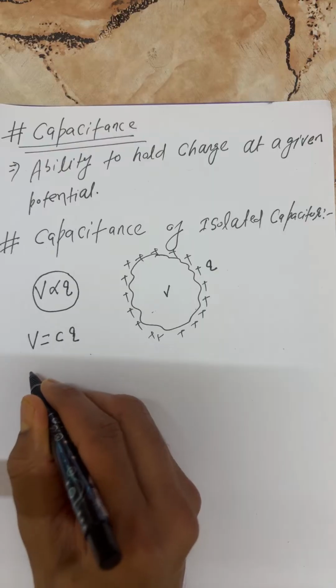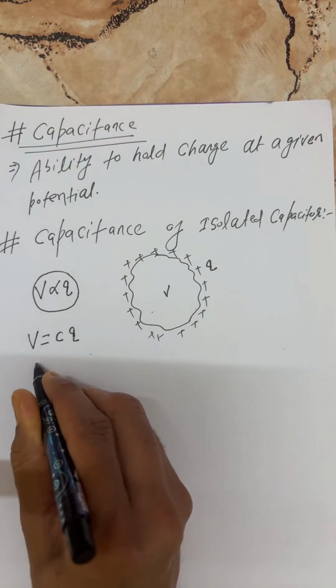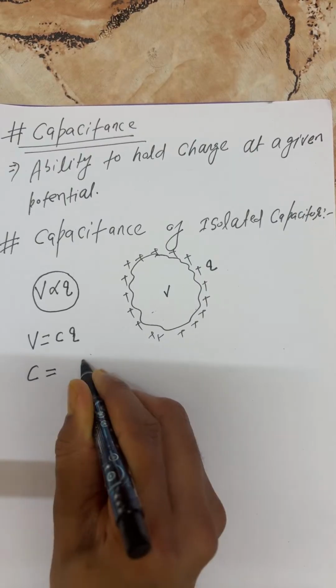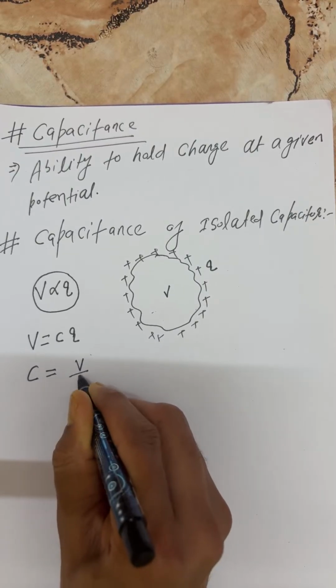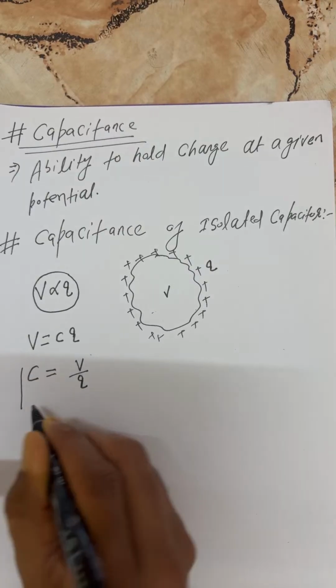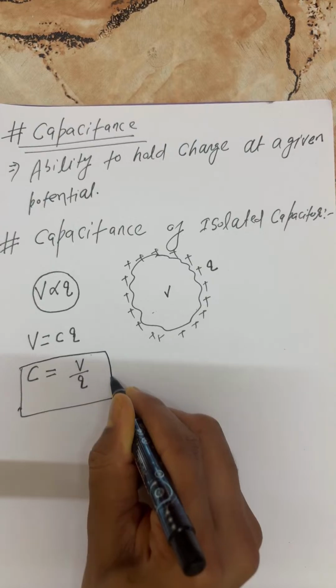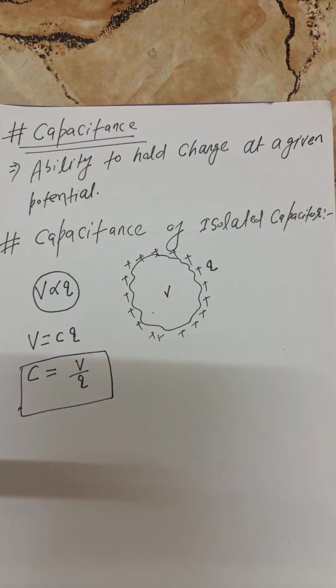So you can write here for this condition, what is C? C is equal to V by Q. What, my dear? What is the formula? Definition of capacitance: ability to hold charge at a given potential. So C is what?